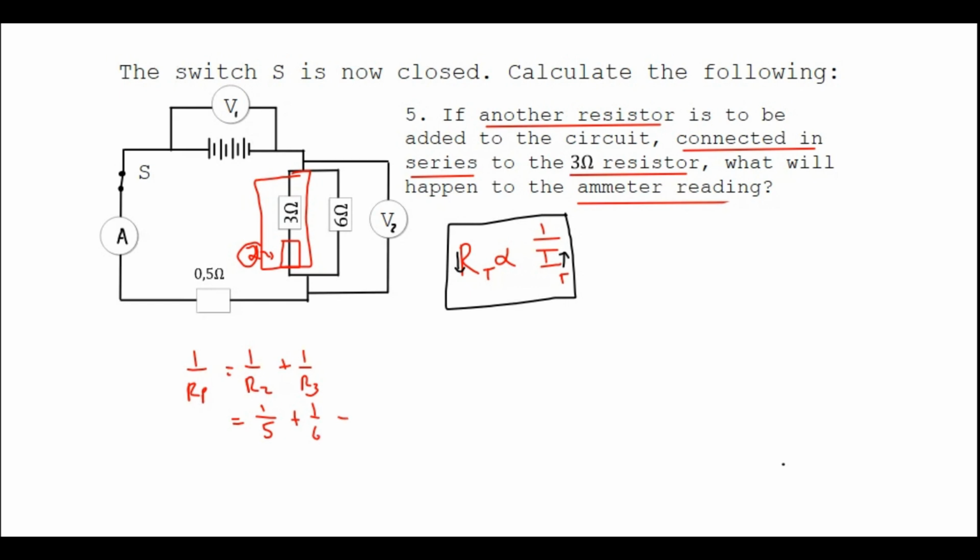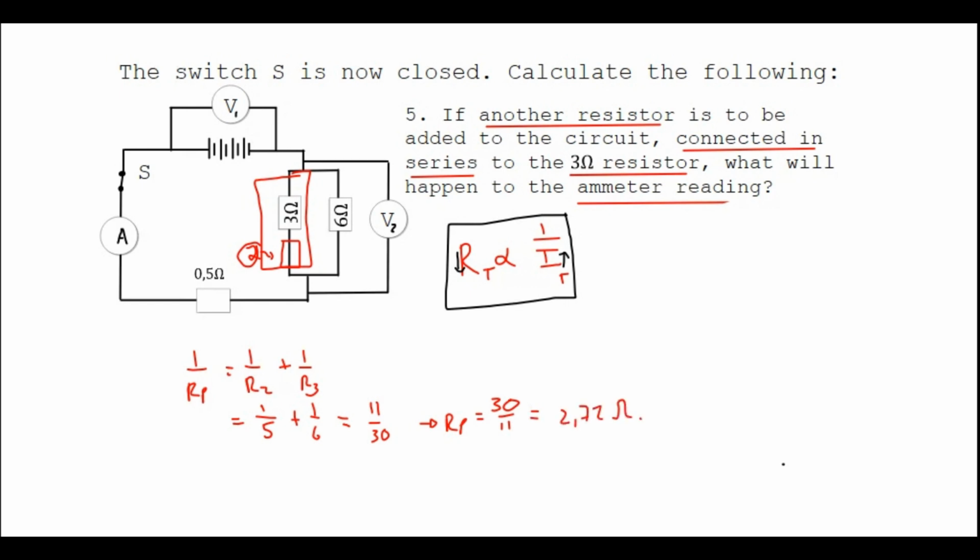Alright, for the sake of time, I'm just going to use a calculator. 1 over 5 plus 1 over 6 would give us the value of 11 over 30. And then, again, we know this. RP is that flipped over, it becomes 30 over 11, which is actually equal to 2.72 ohms.